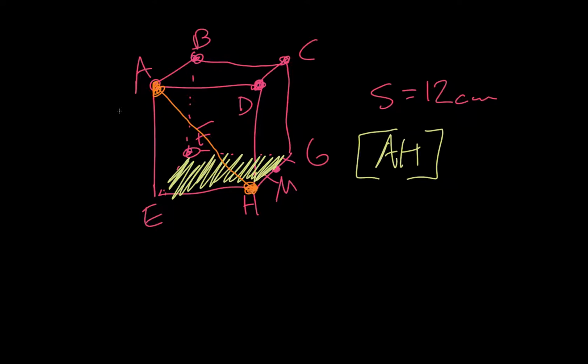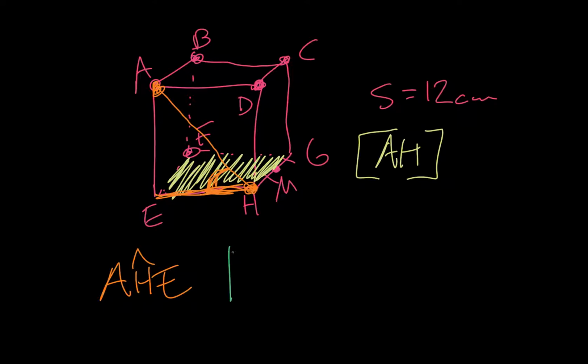And if we want to project it onto that base plane, we're going to get EH right here. And so the angle that we're going to look at is this. So AHE. And this time they want us to find the actual value of that angle.